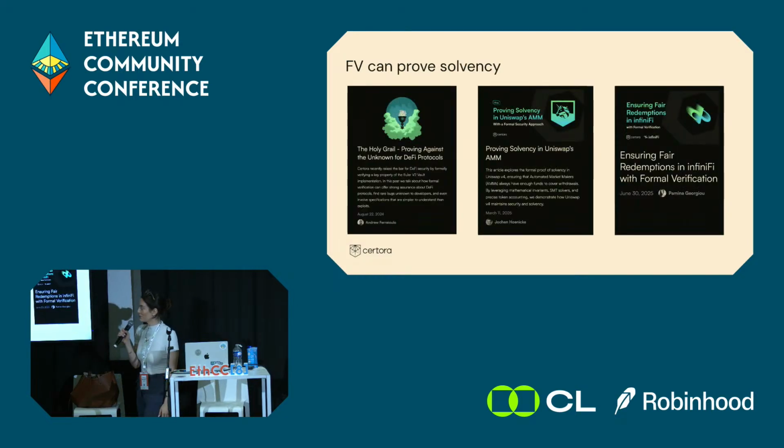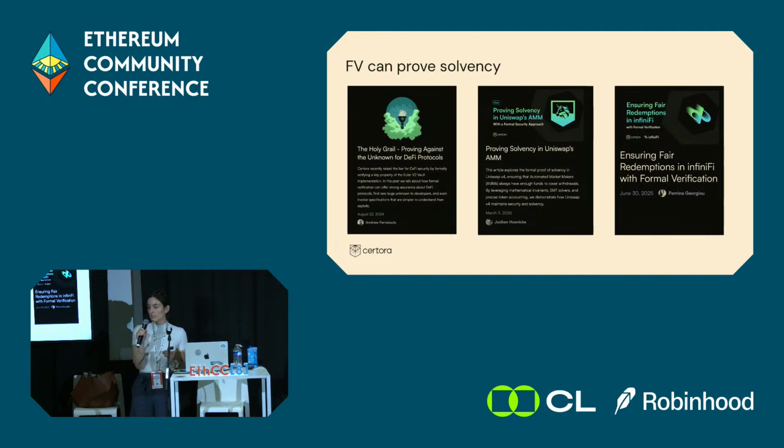Next thing, formal verification can prove solvency. Yes, we can, and we can prove way more than that. We can prove, for example, in lending protocols that a healthy account that has a healthy LTV remains healthy unless a pricing action tips them over. But not by any user action, you cannot become unhealthy. We did, for example, prove that for the Euler Vault Kit.